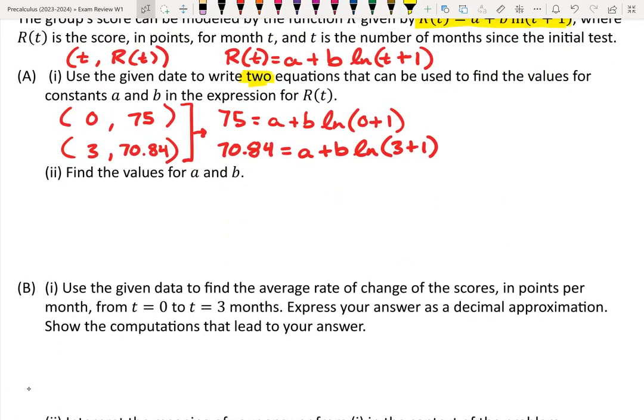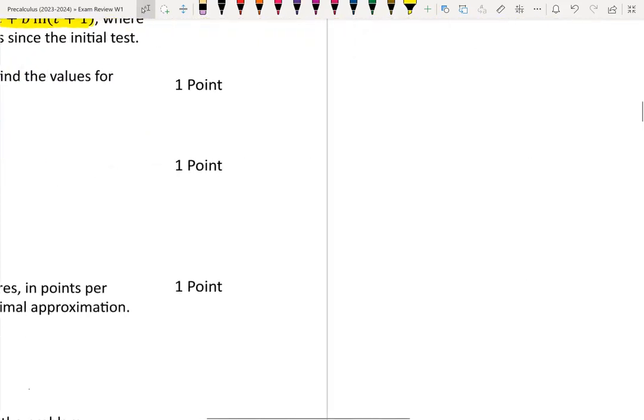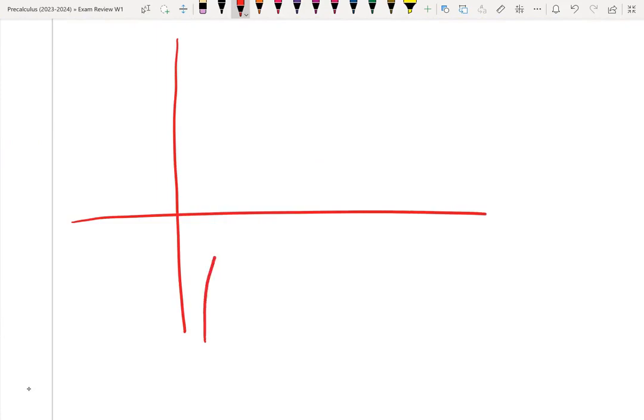You could use a full system of equations using the elimination method. But one thing, and it's been a little while since we've done logarithms, whenever we graphed logarithms, we always had the same point on every single parent graph. Do we remember what that is? 1, 0. That point right here.